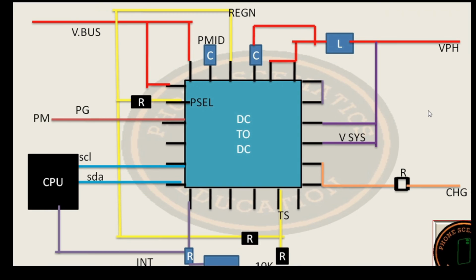Now next, pin number 3, called PG, power good. When your phone is switched off and you connect the charger, in this condition this IC gives a signal to the power IC, because this line is connected to the power IC.